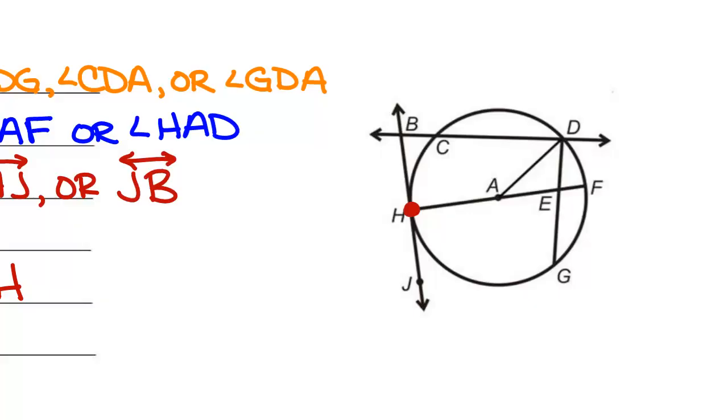Then we have a secant. We've actually already seen the secant. A tangent is a line that touches my circle in exactly one place. A secant goes all the way through the circle, so it touches it in two spots. That's what we saw from this line right here. That touches my circle at C, and it touches the circle at D. So that would be a secant line.